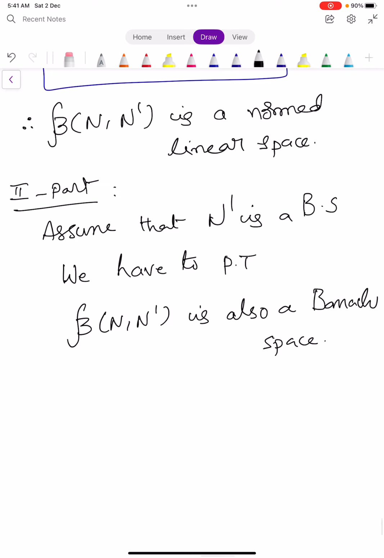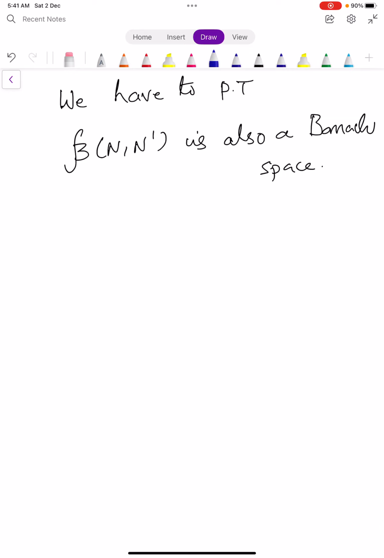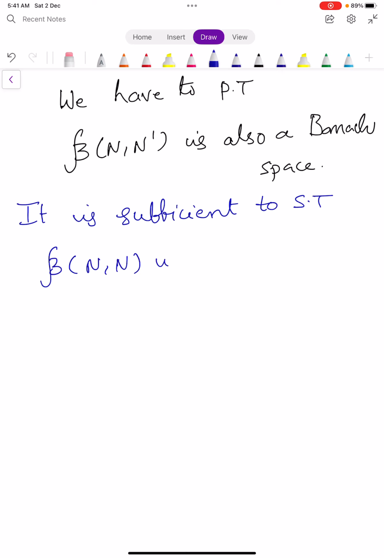Already script B of N comma N dash is a normed linear space. So it is sufficient to show that script B of N comma N dash is a Banach space. We prove that it is complete.